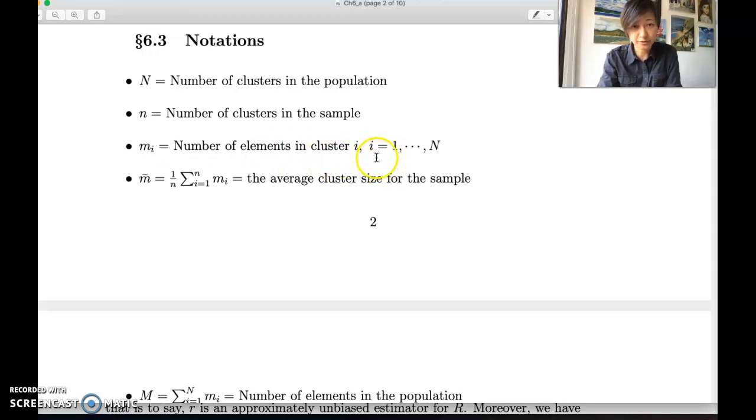If we have cluster 1 all the way up to the total number of clusters in the population, mi indicates how many elements are within each cluster. If we add up the mi from i going from 1 to little n, the total number of clusters in our sample, and then divide by the number of clusters sampled, we are estimating the average size of the cluster in our sample.